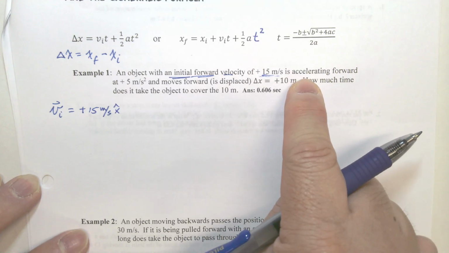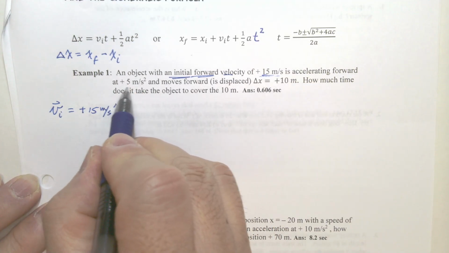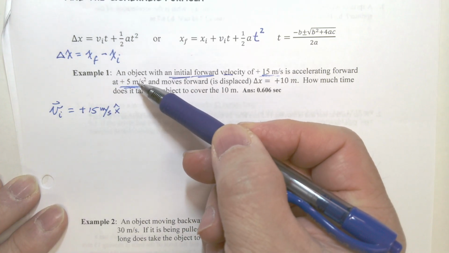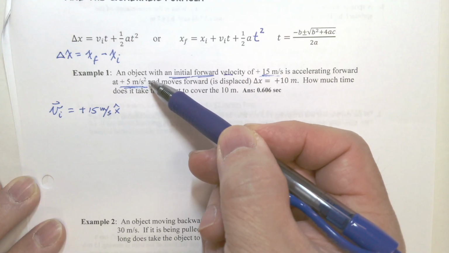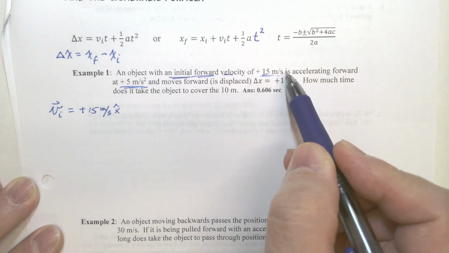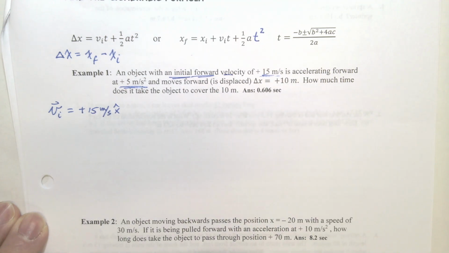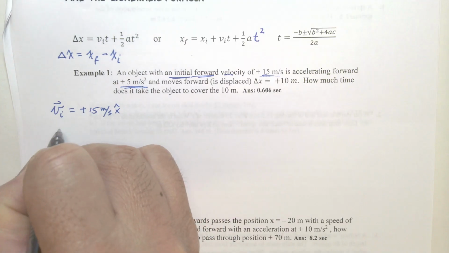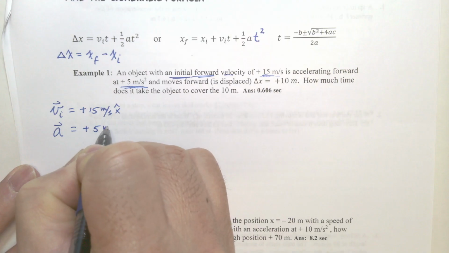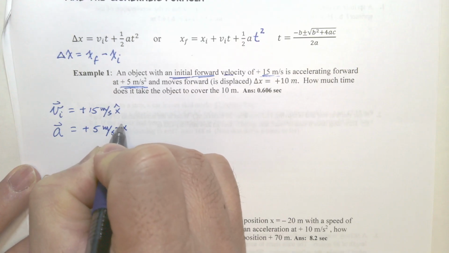Is accelerating forward at positive 5 meters per second squared. Now notice the unit for meters per second squared is for acceleration. So if you know these units, it will tell you exactly what those numbers are. So acceleration now is given to us as positive 5 meters per second squared x hat.